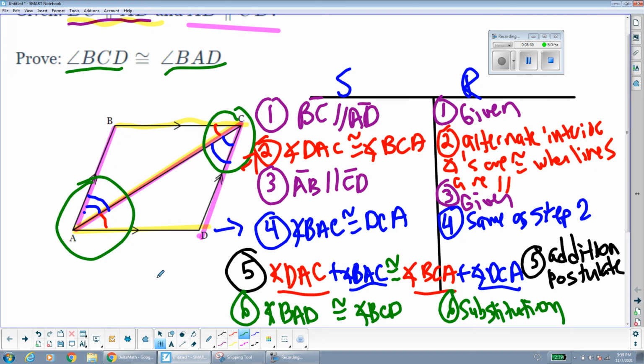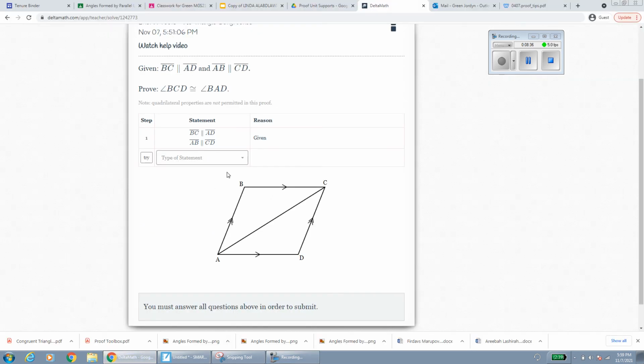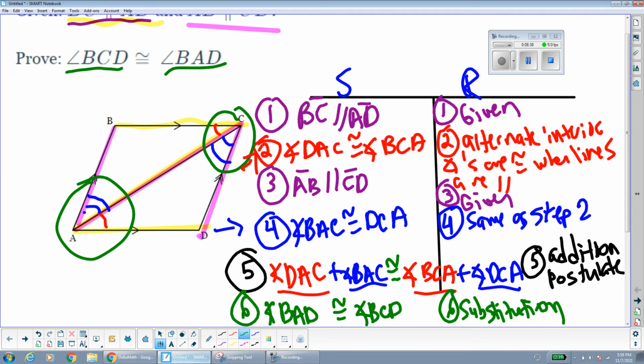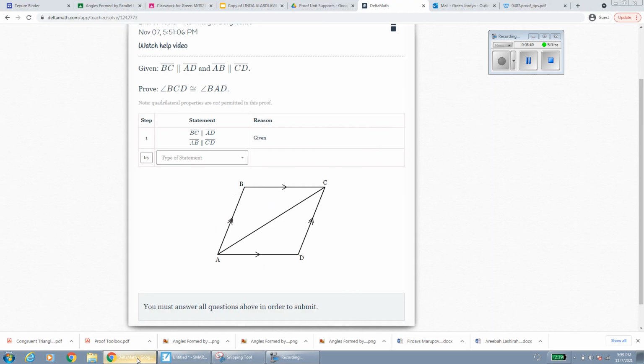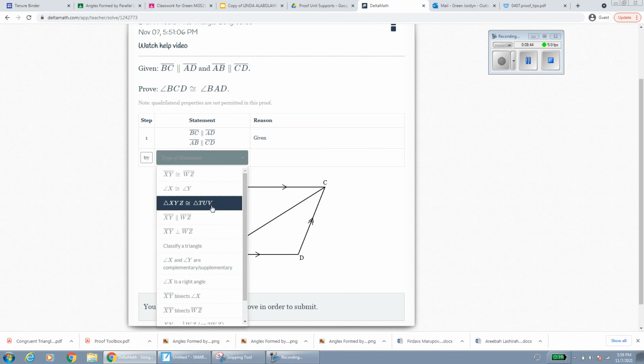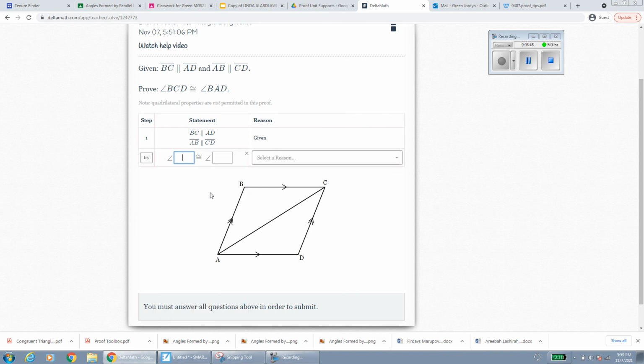That was this one and that one. Okay, so that's angle BCA. BCA is here, so it's congruent to this one.